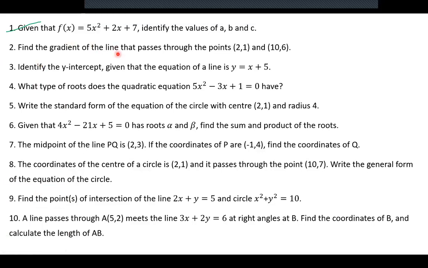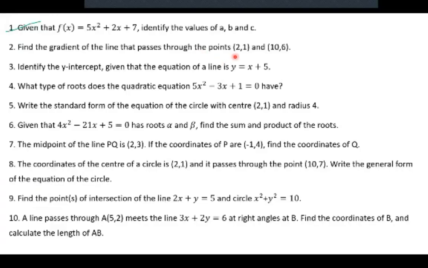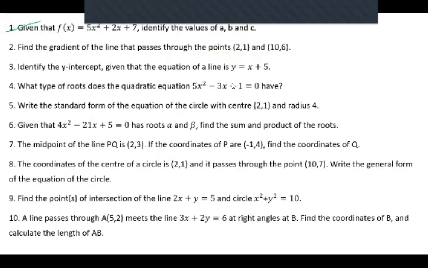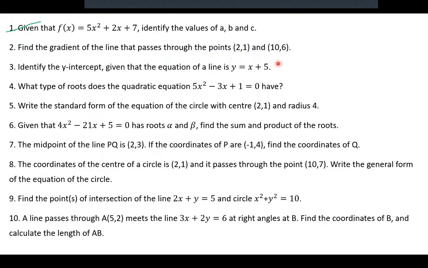They want you to find the gradient of the line that passes through the points (2, 1) and (10, 6). That's also a simple question. So do that for me, send me an answer. I would actually do this question, not this one, but this question, I'll do it.